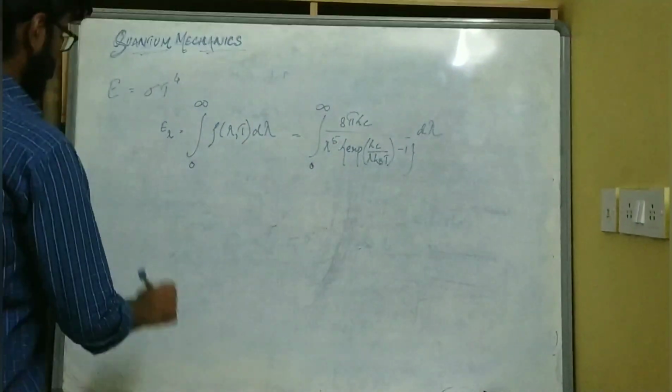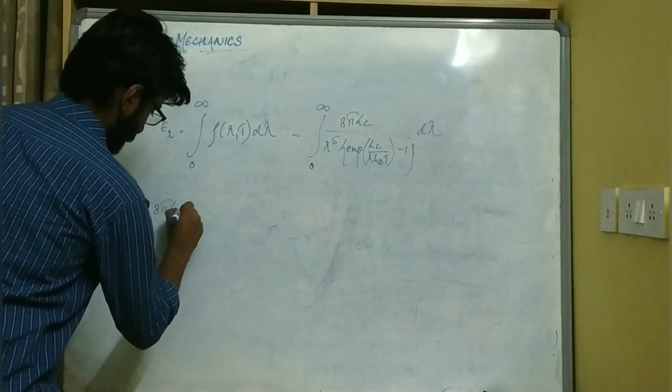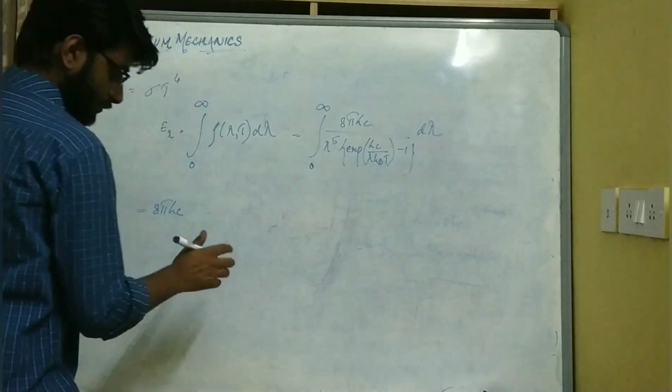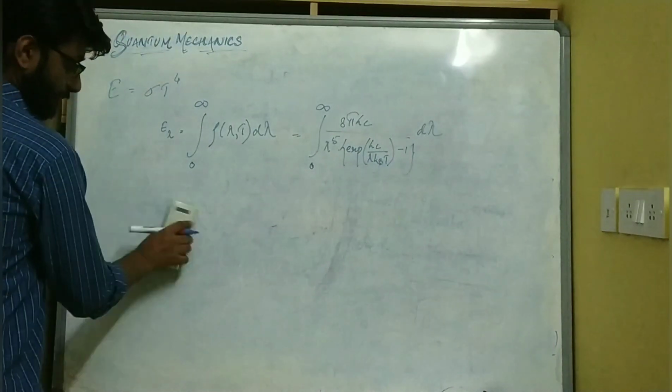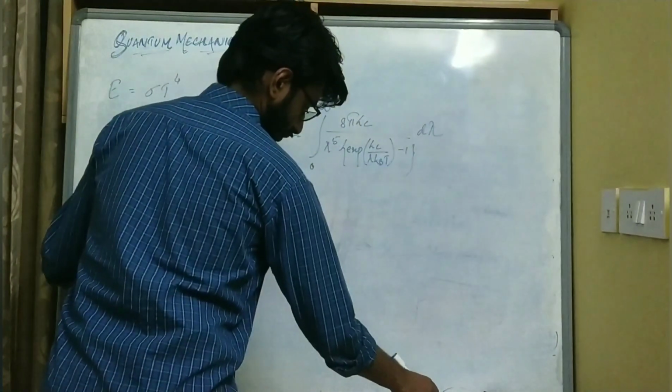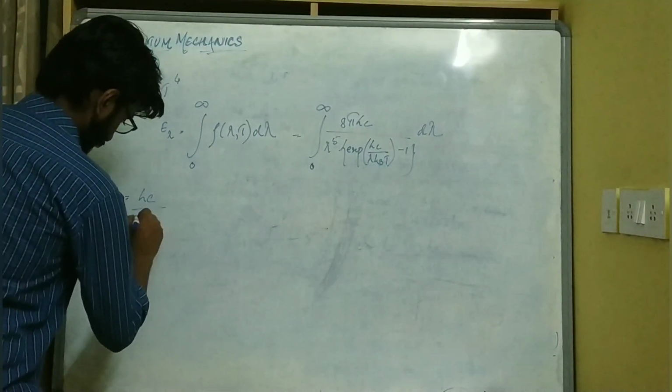Don't take out the constants, just substitute x equal to hc by lambda kbt.